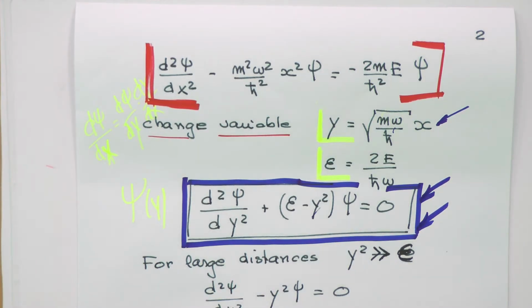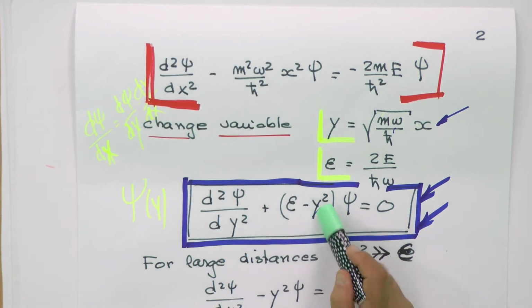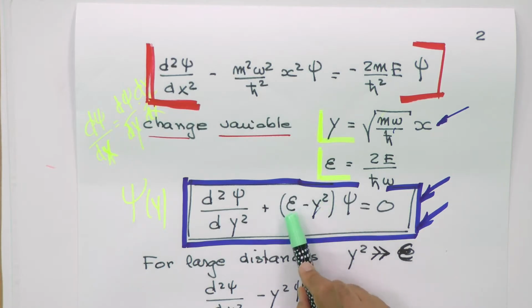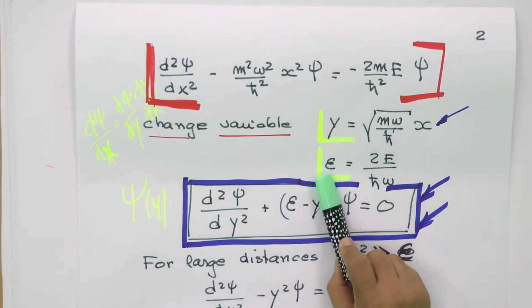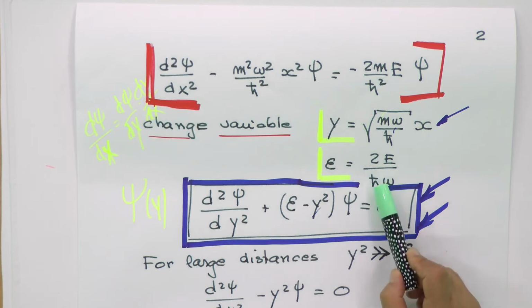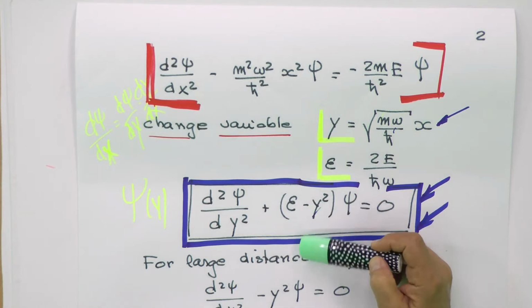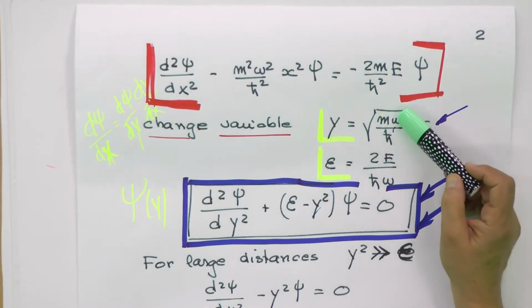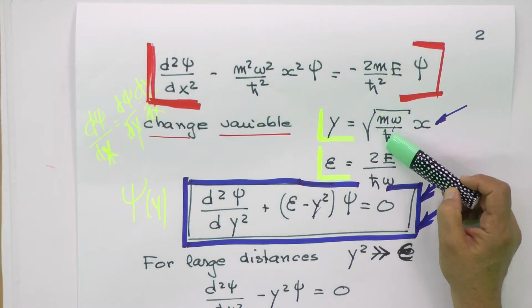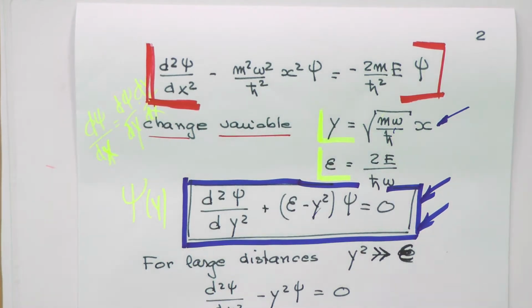And one thing I can do is, when I make these balances, now everything is in the same unit, either the coordinate or this normalized energy. You know that h bar omega has units of energy, so this is a number. And so is y, because the square root of m omega divided by h bar is the inverse of a distance. Actually, the inverse of this is called the length of the oscillator.